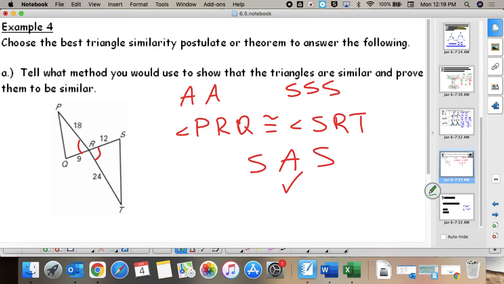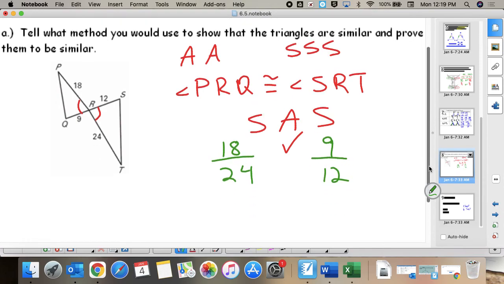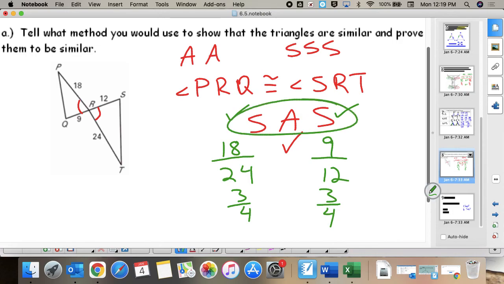So 18 would get matched up with 24. 9 would get matched up with 12. 18 over 24 reduces to 3 over 4. 9 over 12 also reduces to 3 over 4. So we have our two sets of sides reducing to the same thing. So are they similar? Yes, they are. Why? Because of SAS. Right?